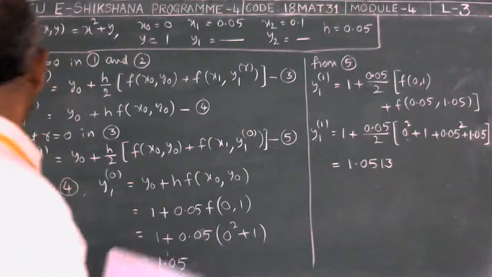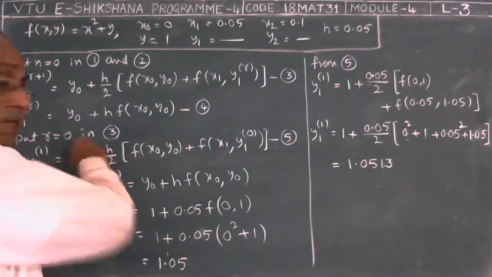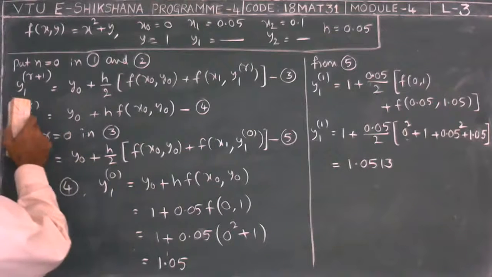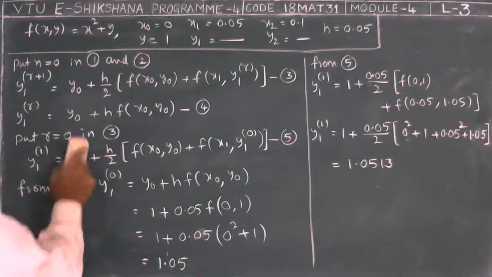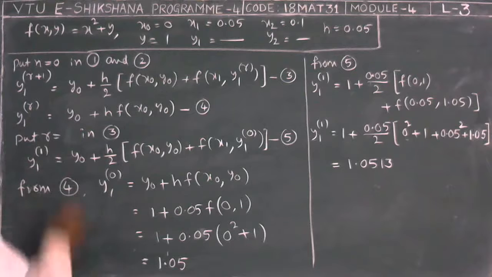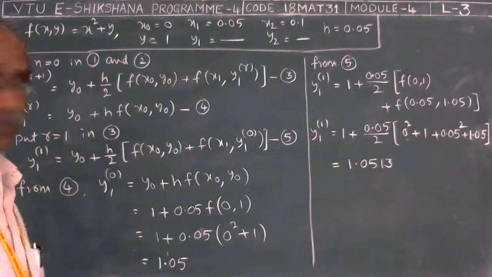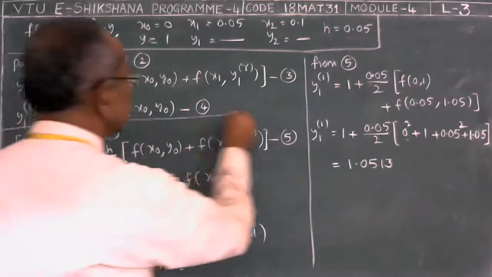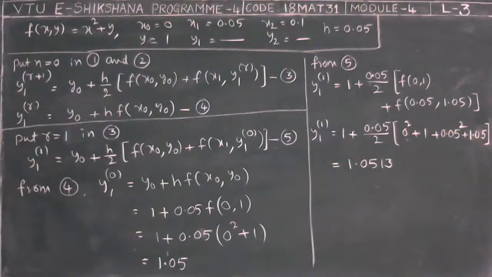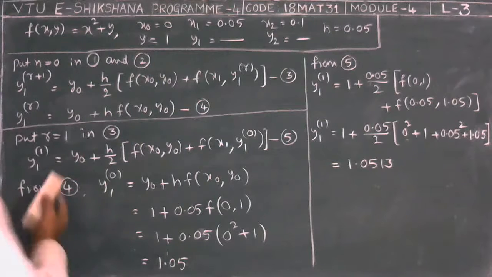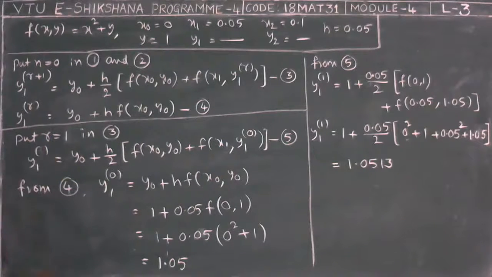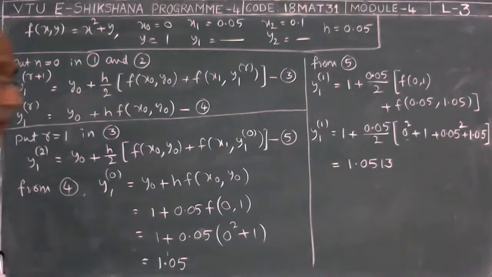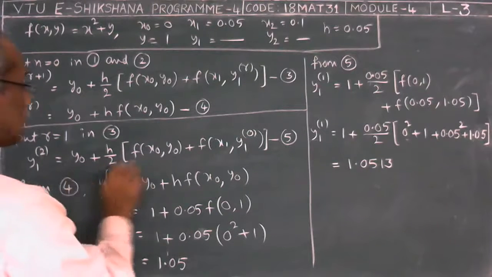So next, let us put r is equal to 1 in equation 3. So you get y1 2 is equal to everything same.